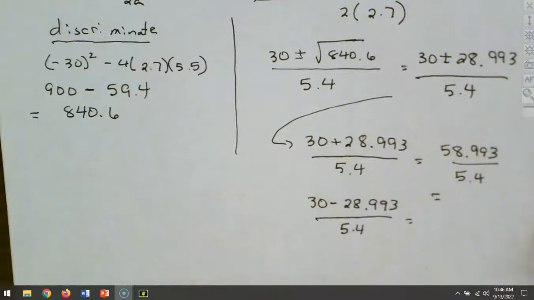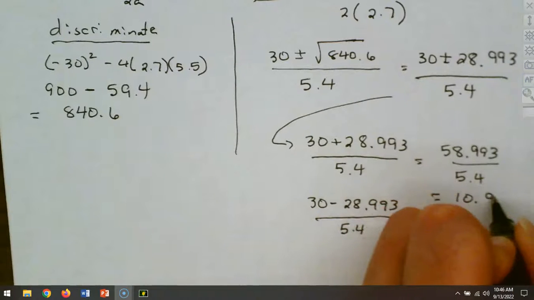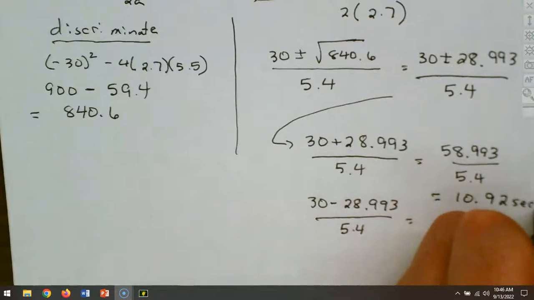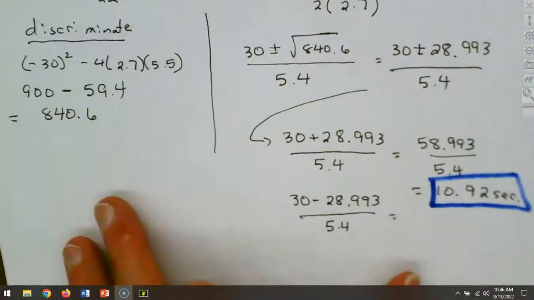We're going to round to 2 places, so we'll divide that out. And now we round at the end, and that rounds out to 10.92 seconds. So there's one of them.